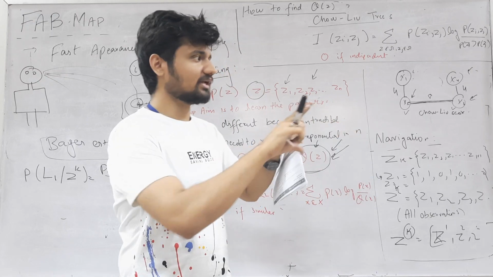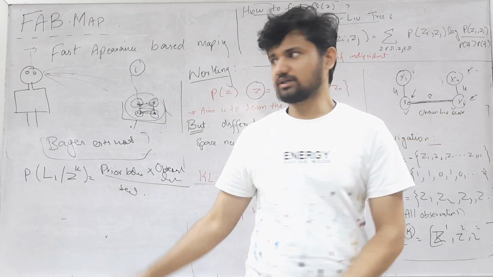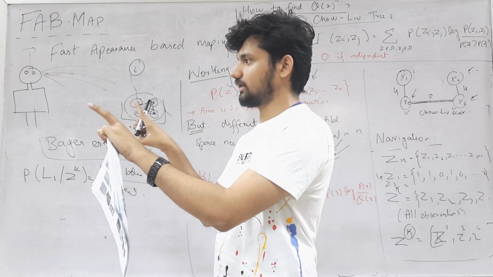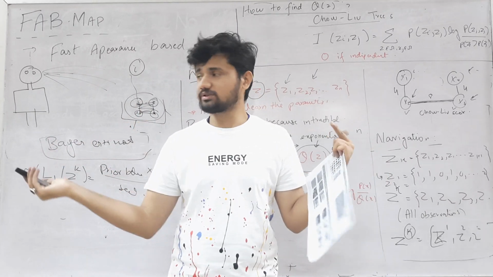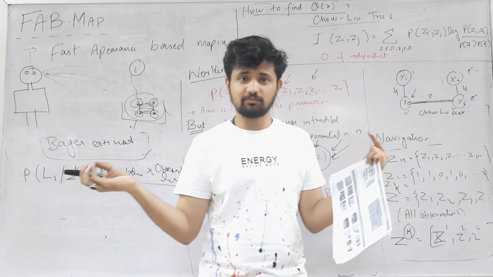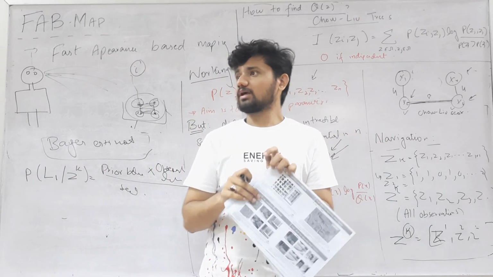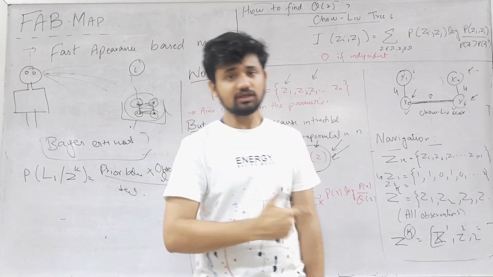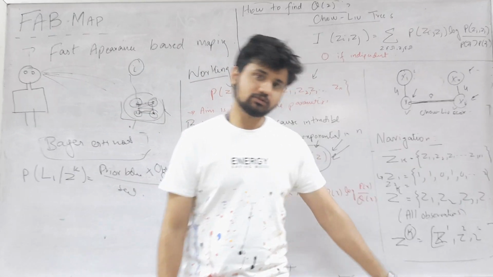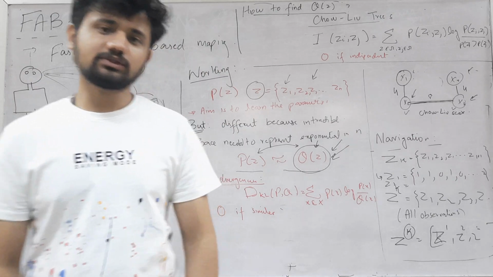You have taken a similar picture from here and a similar, let's say, wall picture from here. Even a human can get confused that these two pictures or frames are the same, but FABMAP is accurate enough to distinguish between these two places as well. So this was all about FABMAP. See you in the next video.